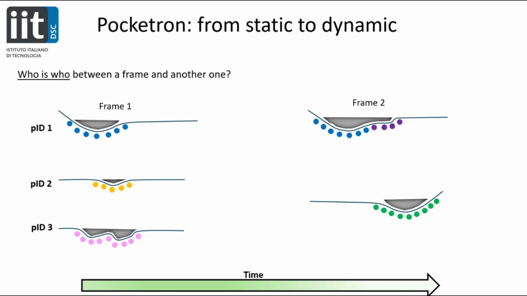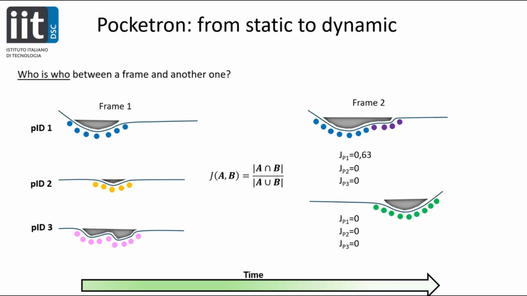And if you cast the problem to residues, to atoms, this becomes rather easy, because it becomes a set theoretic problem, in which you just use the Jaccard index, that is the intersection divided by the union, and then you can immediately recognize if what you are seeing here is what you are seeing in the next frame. So you just compute the value of the Jaccard overlap between the residues.